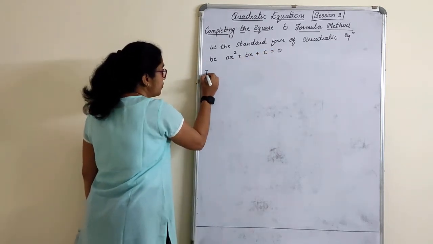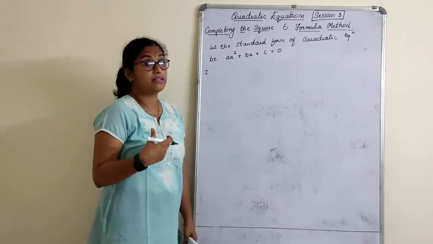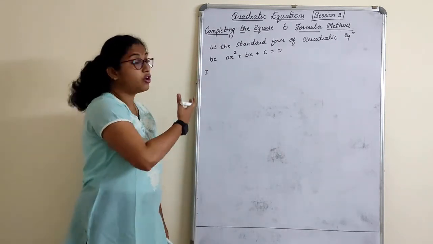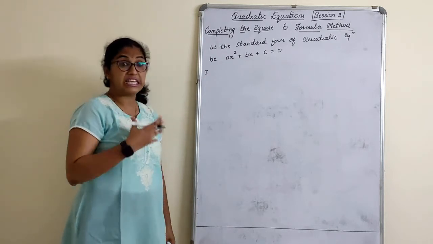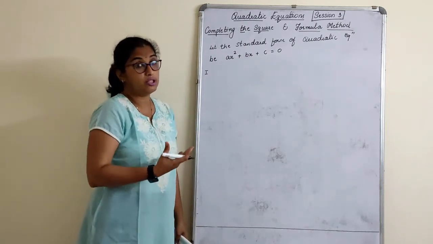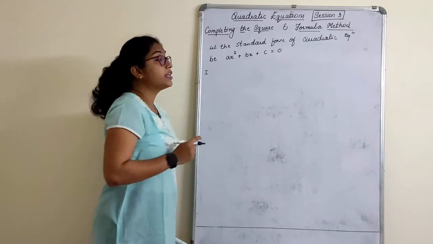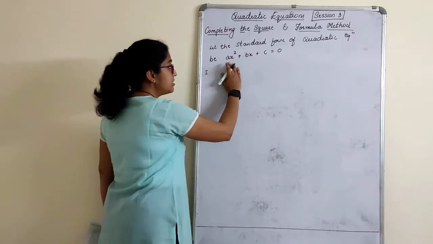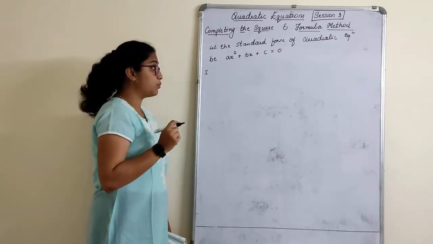I will go on writing here 1, 2, 3, that is stepwise. The same steps we are going to use in the numericals when we solve by the method of completing the square. So this is the standard form of the quadratic equation.